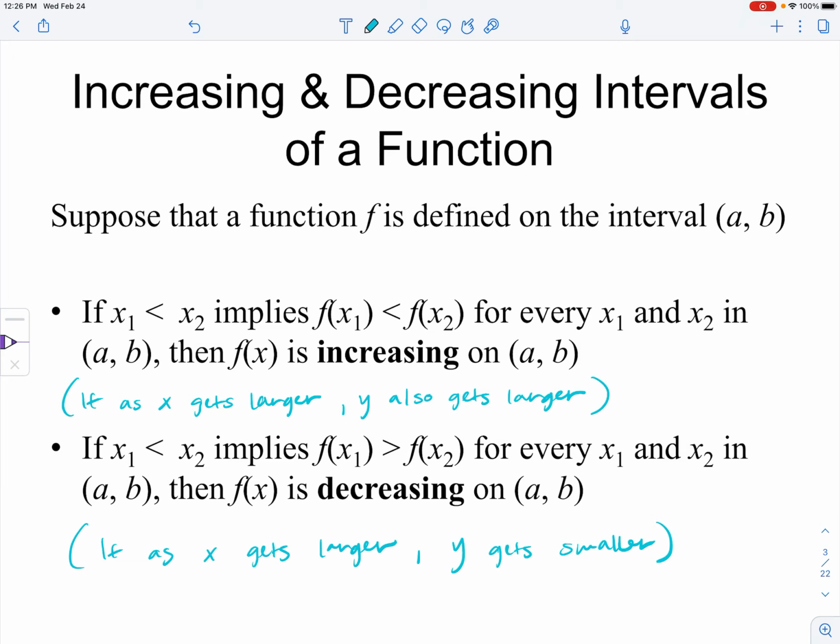Okay, so those are the definitions that we used in pre-calc and at the beginning of this year. So this is our pre-calc definition.